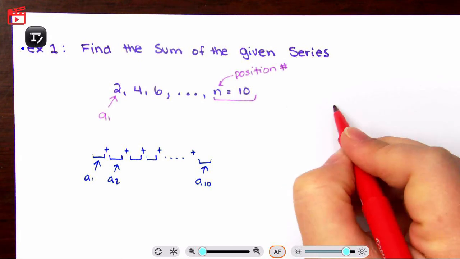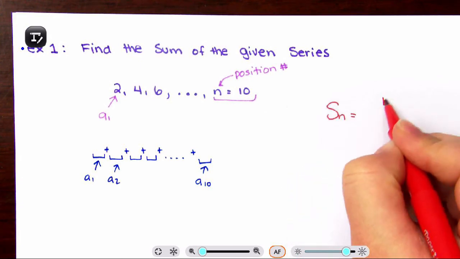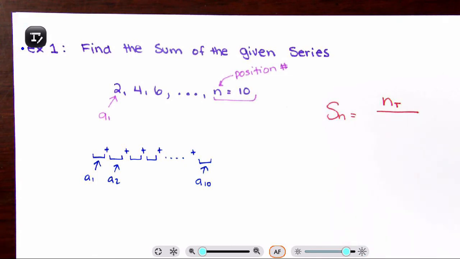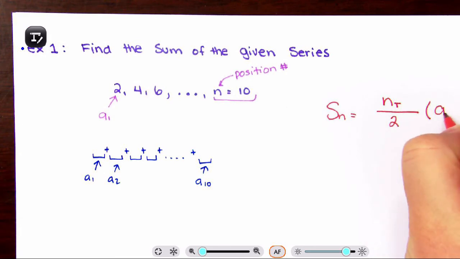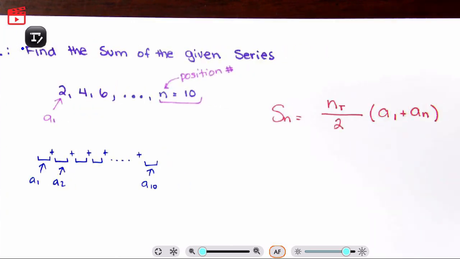So our formula is S sub n is equal to n, and I'm going to do a subscript of t, which means our total number of terms, divided by 2 times a sub 1 plus a sub n. So apparently we do need to know what our last term is because we do need to know what a sub n is, a sub 10 in this case.